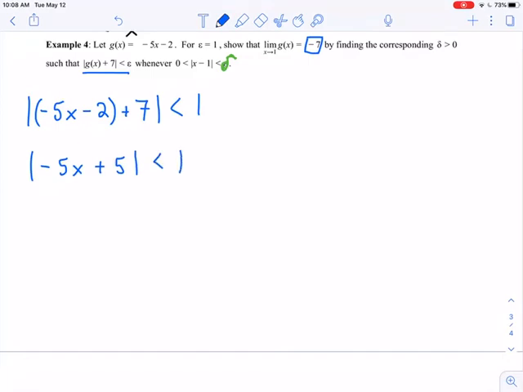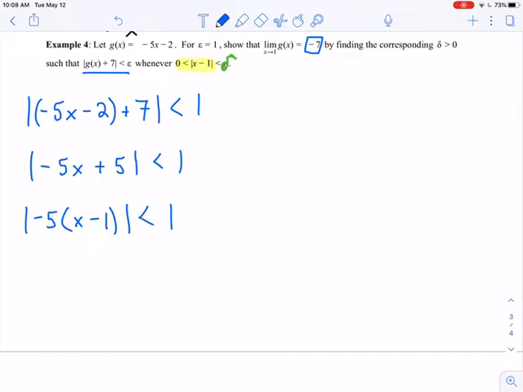I'm trying to end up with something that looks like absolute value x minus 1, so I need to get rid of that coefficient of negative 5. I'm going to factor that out first: the absolute value of negative 5 times the quantity x minus 1 is less than 1.